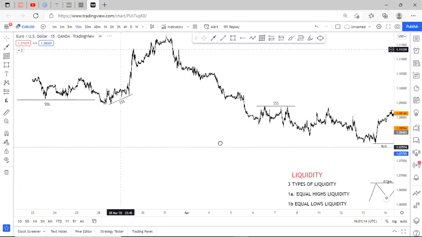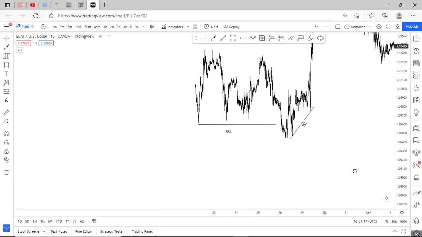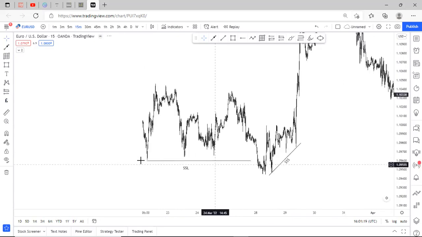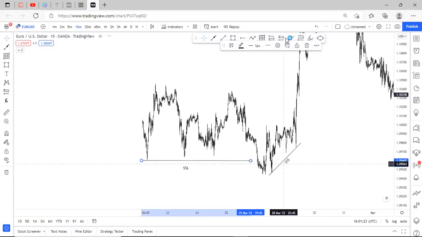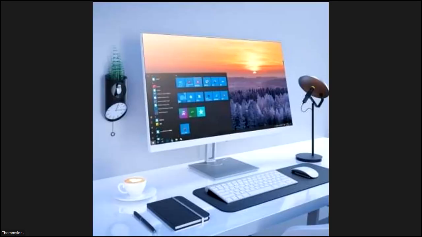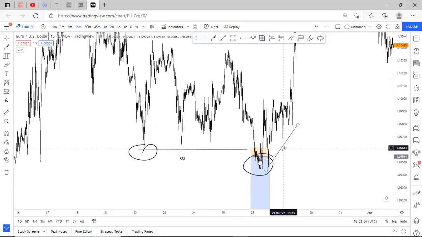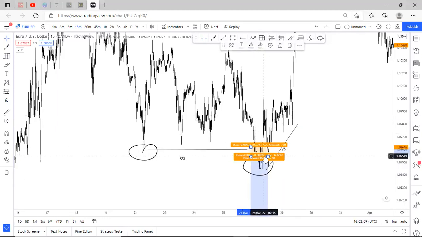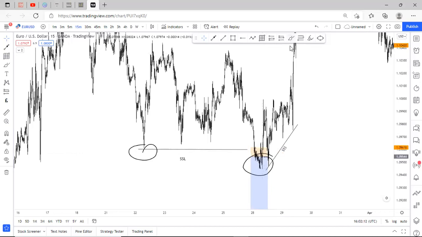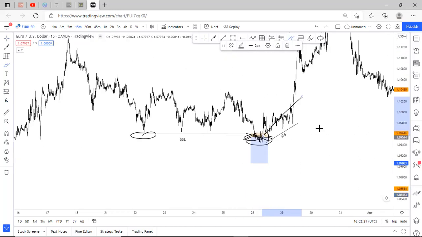For the sell side liquidity, as you can see right here, market grabbed the liquidity below the previous low that was right here. Some traders got into a sell trade right here, tricking them to take sell trades, and the market took out their money, broke above their stop loss, and used that to push market all the way up.